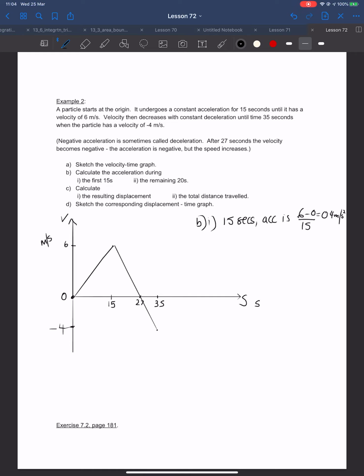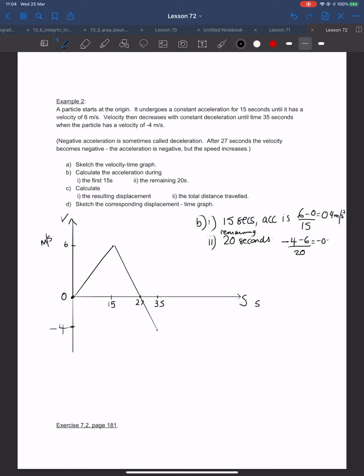Okay, the remaining 20 seconds. So it's the change in velocity. It ends at -4 and starts at 6, divided by 20.